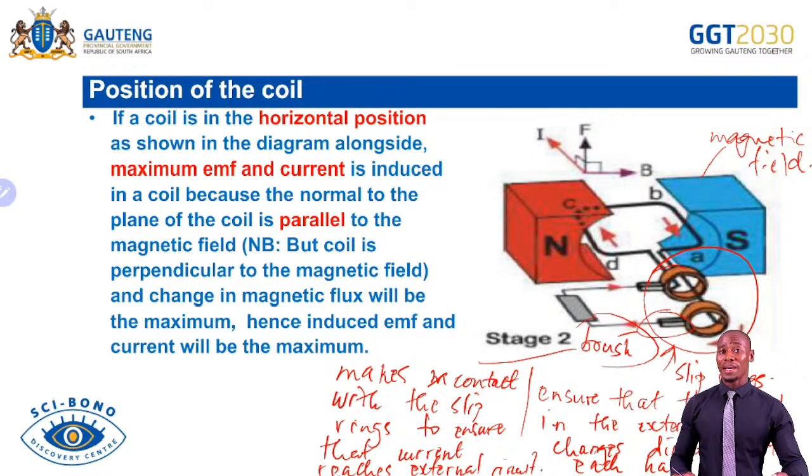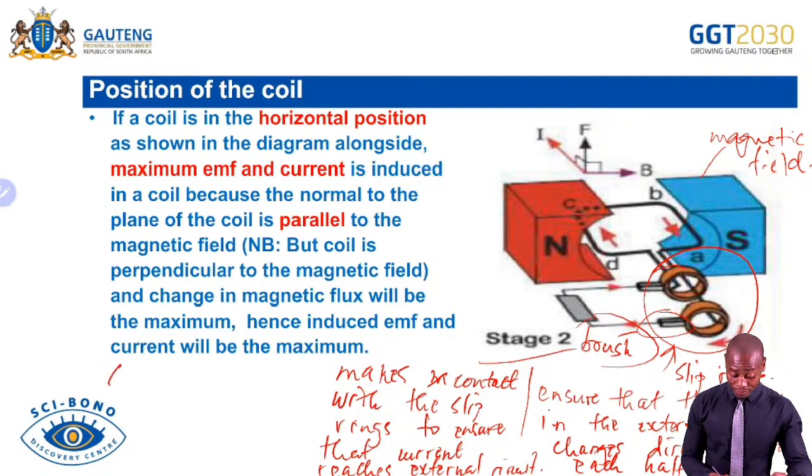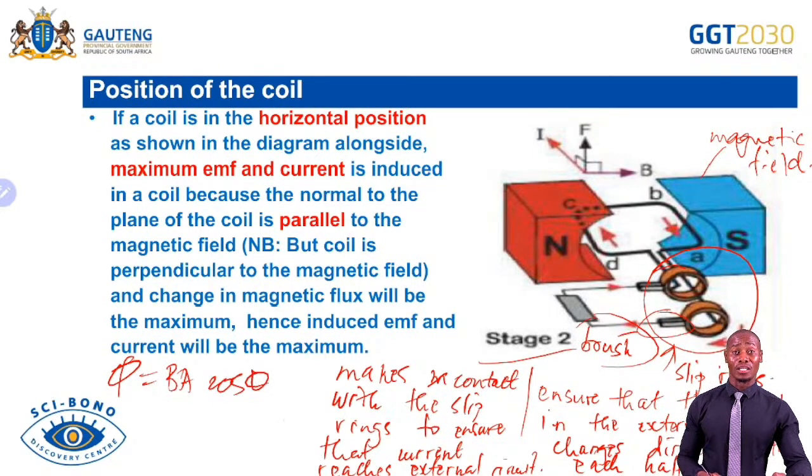Maximum EMF is induced because the normal to the plane is parallel to the magnetic field. And if the normal to the plane is parallel to the magnetic field, the angle in the equation for magnetic flux, which is BA cos theta, will be 0.